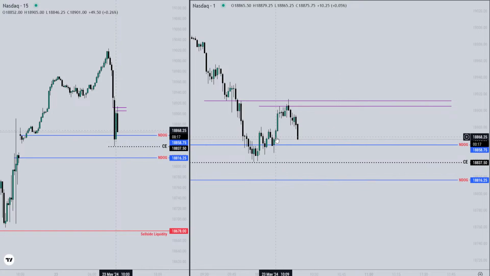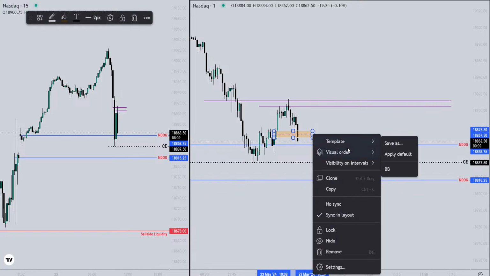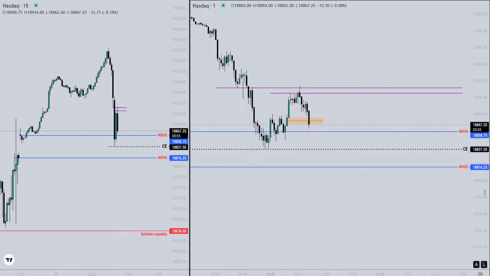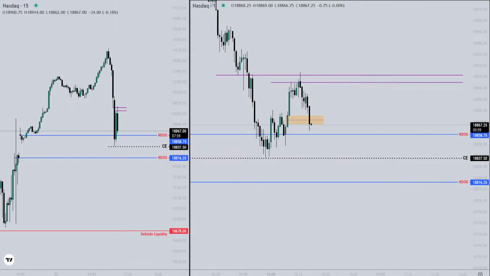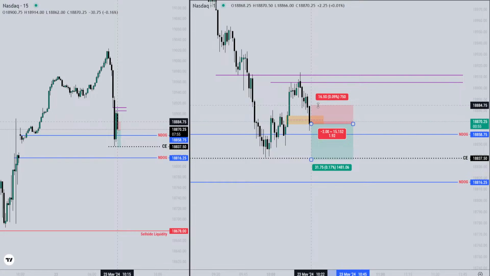Remember this breakaway gap, it's extremely important. Over here this last fair value gap can be used as a sell setup as well. How? When the market closes below this fair value gap, you can take a sell from there, cover this high, target this low around that area.